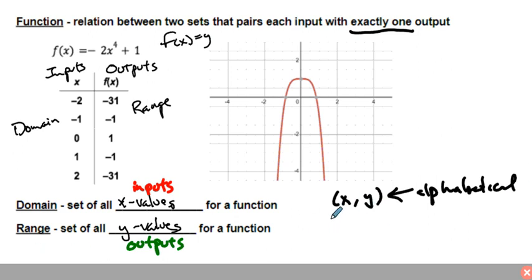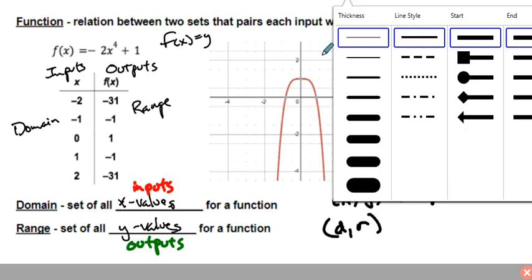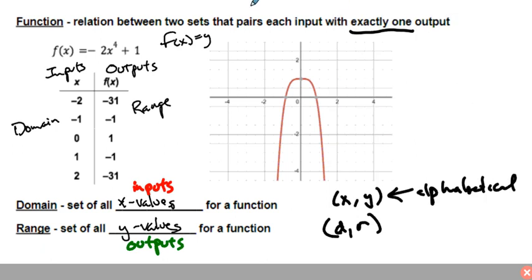Well, domain and range are D and R, and domain alphabetically comes before range. D comes before R. So that's one way to think of it. Maybe that helps you a little bit, maybe it doesn't, but hopefully it does. That's actually how I remember it, so maybe that mnemonic works for you.